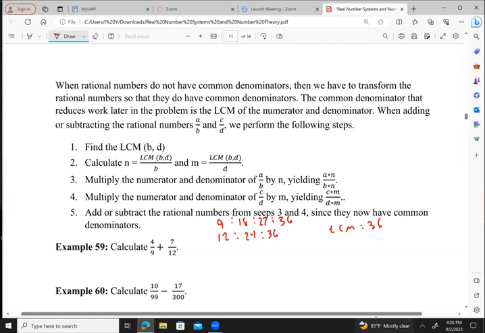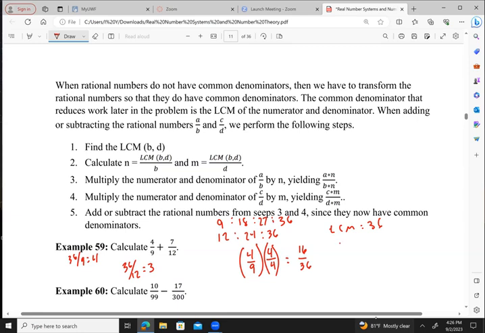So 36 divided by 9 is 4. So we're going to take 4/9 and multiply by 4 over 4, which gives me 16 over 36. Now 36 divided by 12 is 3.